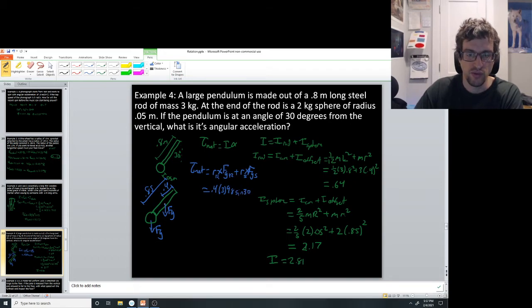Because we want the angle between this and the radial. The radial vector is this vector right here, and that theta right there is what we're looking for. And this is going to be plus 0.85, which is the radius, times 2 times 9.8 times sine 30. And my total torque comes out to be 16.4.